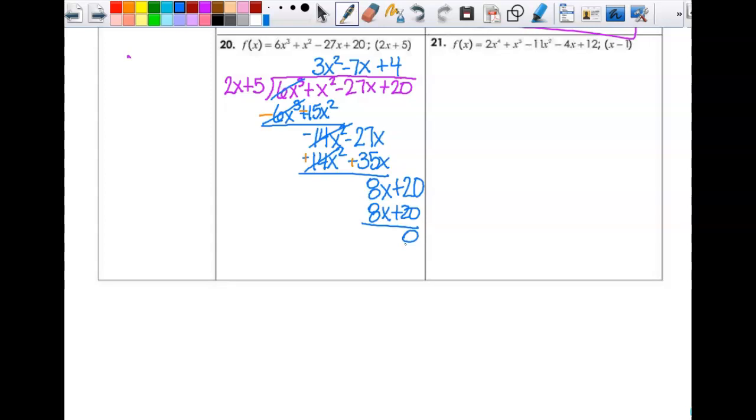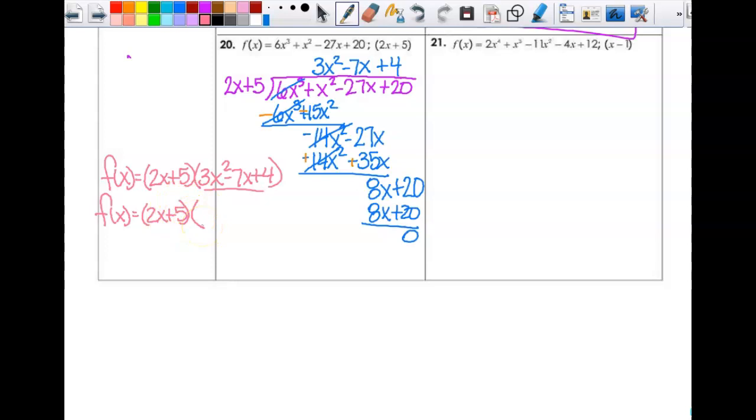But I'm not done. So at this point, I have f of x equals 2x plus 5 times 3x squared minus 7x plus 4. So then I'm going to factor this. I'm just going to tell you what it is so we can get through the division stuff.